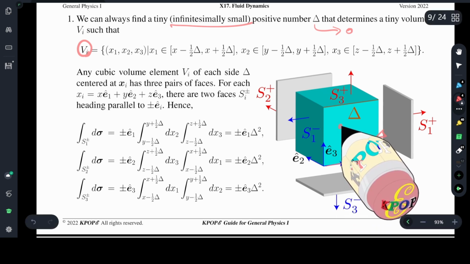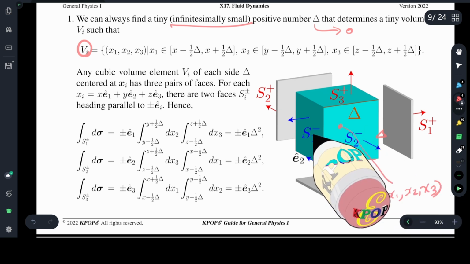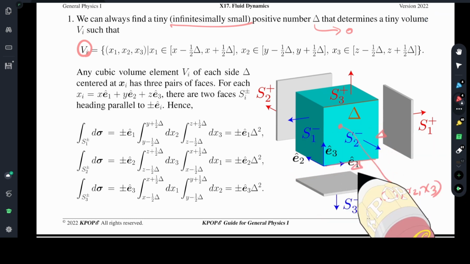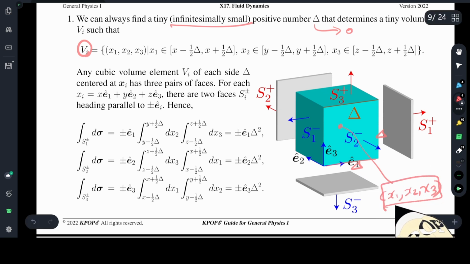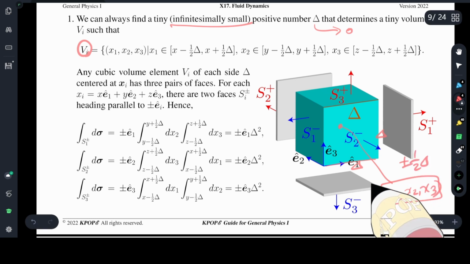So relative to the center, the range of x, y, z values varies from this central value by plus or minus 1/2 delta along each direction.